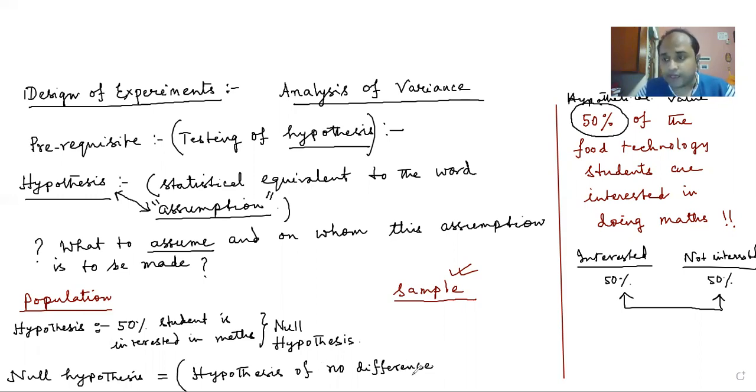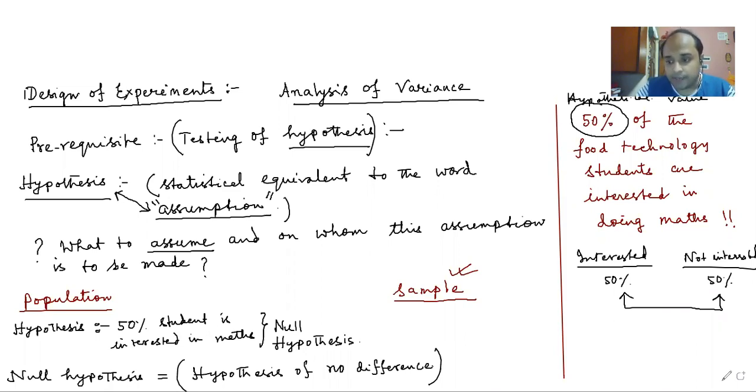But you have to know that we have to assume some sort of hypothesis over here. So the null hypothesis is the hypothesis of no difference, and the hypothesis I'm making on the population of students of food technology from all over the world, which I have not visited personally, is that 50% of the students are interested in doing maths. That is my null hypothesis.